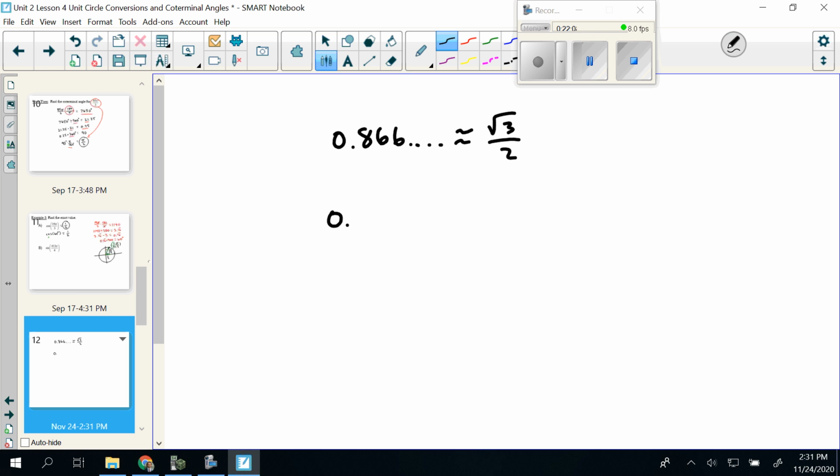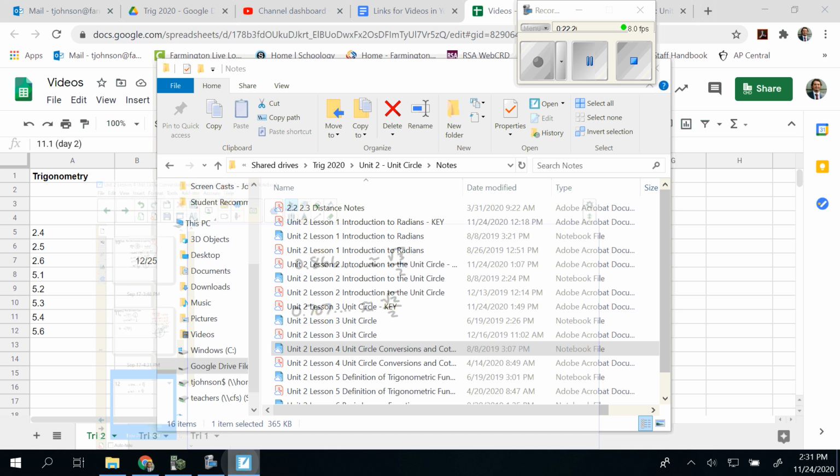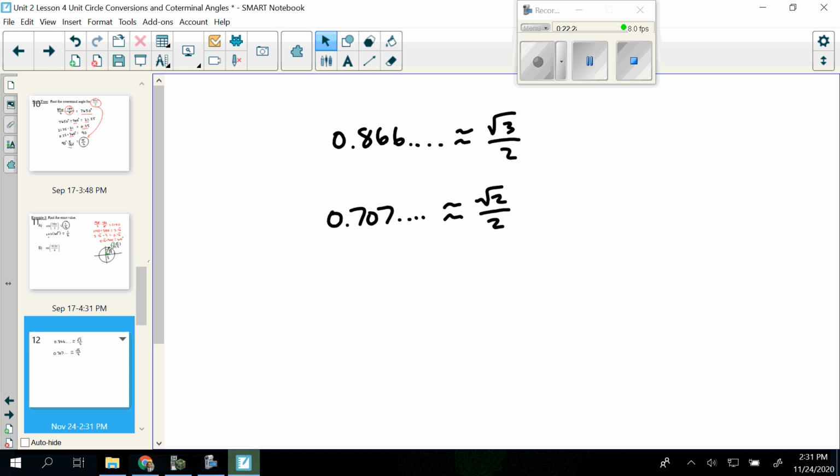You get that approximation of 0.707 stuff, that was that approximation of square root 2 over 2. And then the other ones that would come up would be like 0 and 1. You know, if 0.5 comes up, that's 1/2.